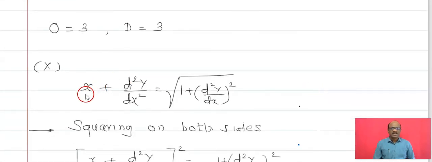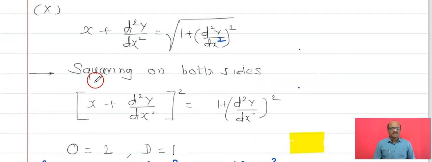Now the next is x plus d2y by dx square plus under root of 1 plus (d2y by dx square) bracket square. Forgot to write the 2 here, that is d2y by dx square. Now again squaring on both sides, you will get (x plus d2y by dx square) bracket square equals (1 plus d2y by dx square) whole bracket square. What about the order?